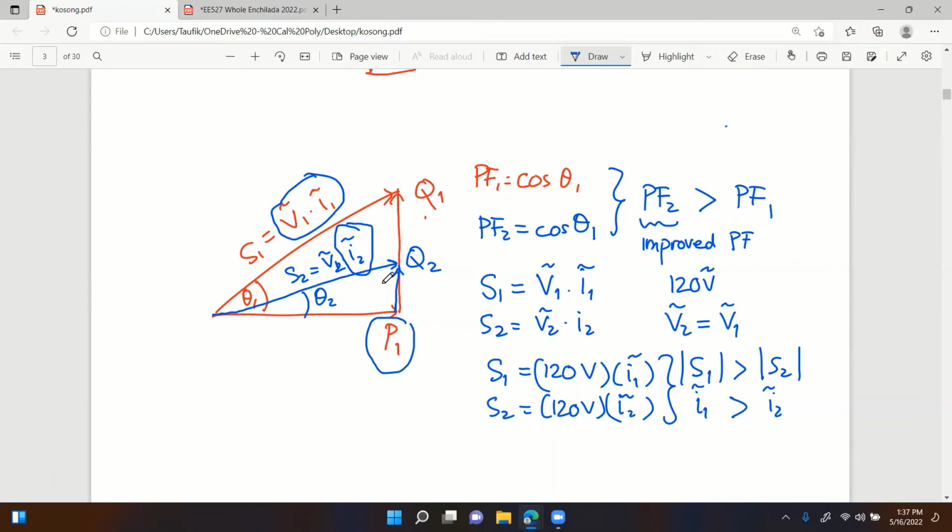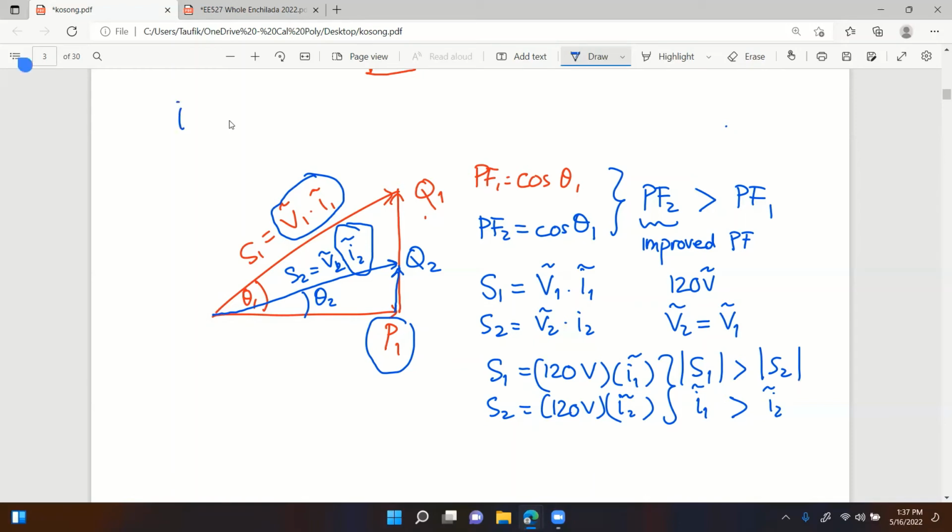And this current comes from the power plant. Imagine if this current is big and it's coming from so many houses, so many customers. This current represents losses across transmission lines. So if you can reduce the amount of current, then the loss across the transmission line will also be reduced.